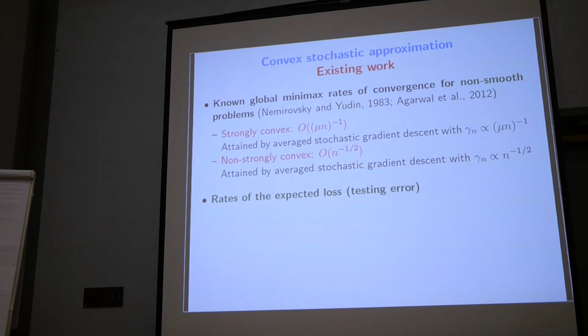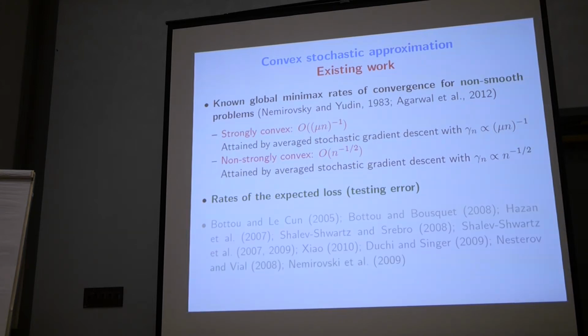So here, it's 1 over n mu for the test loss, and it goes down to 1 over root n. So this is a classical setup, and this has led to a lot of work, so I hope I've cited everybody in the room.